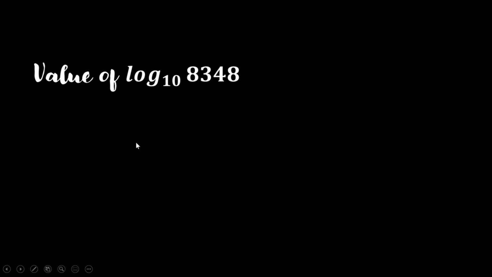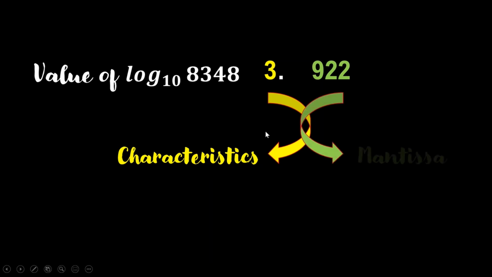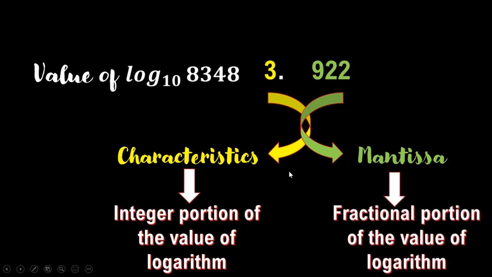So what is our short conclusion from it? That the logarithm value of 8348 is 3 point something. We have verified it with the help of a calculator, that it is 3.922. You can now understand that 3 is called the characteristic because it is the integer value, and the mantissa is 922, which is the fractional value.